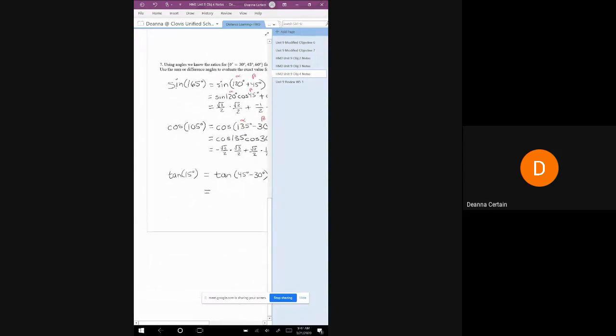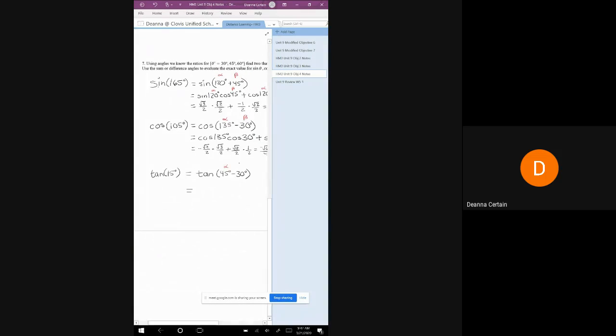So coming down here, got my alpha and beta. So we have tangent alpha, so tangent of 45 degrees, minus tangent beta, tangent of 30 degrees, over 1 plus tangent alpha, so tangent of 45 degrees, times tangent beta, tangent of 30 degrees.